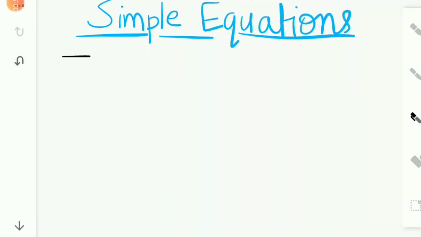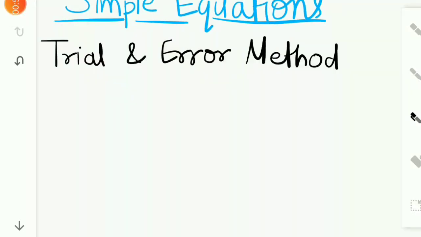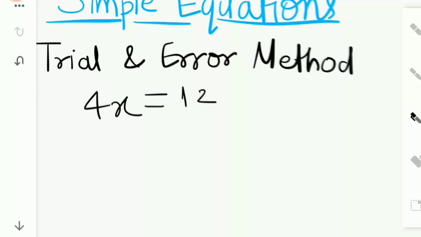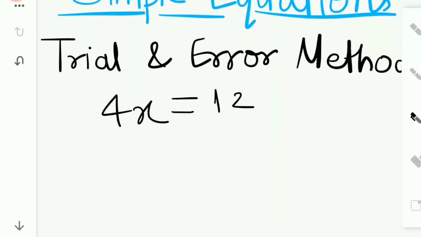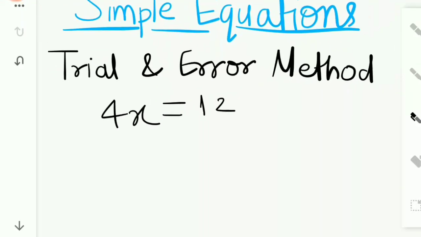The first method is the trial and error method. Now I have been given 4x equal to 12. In this method, we make a guess of what it could be.